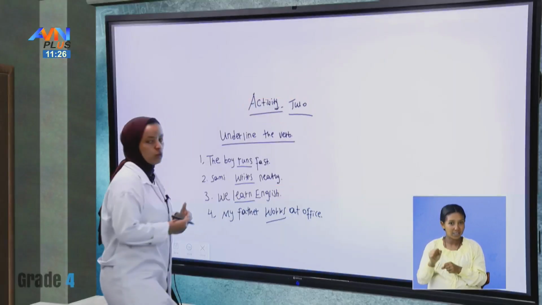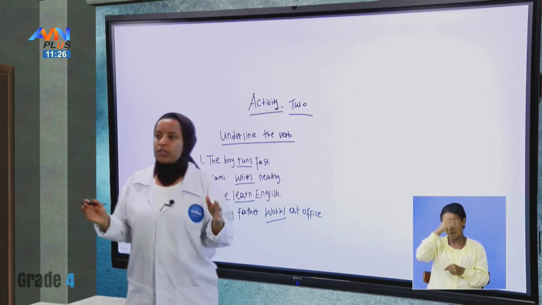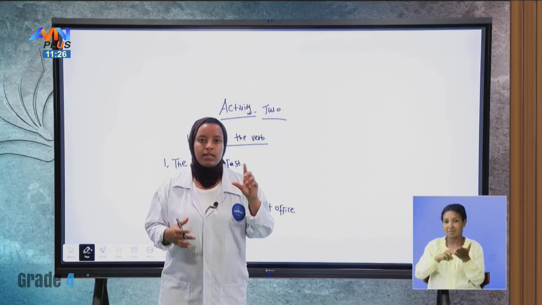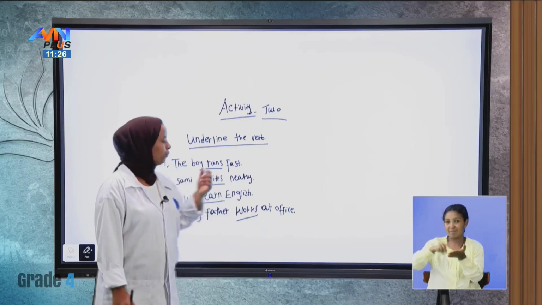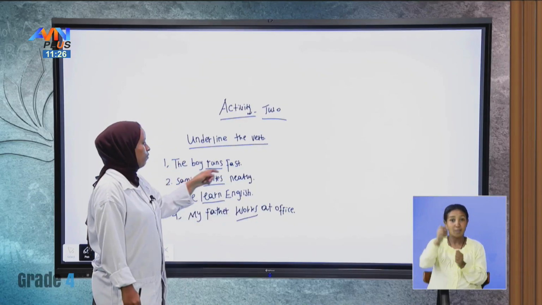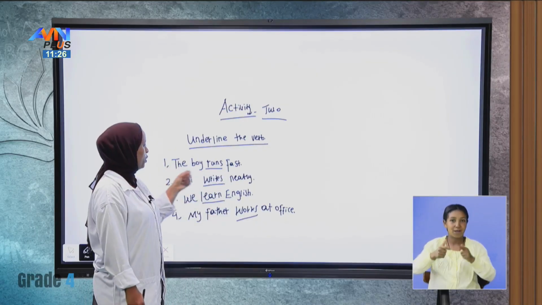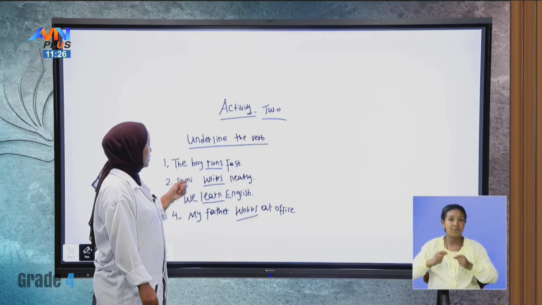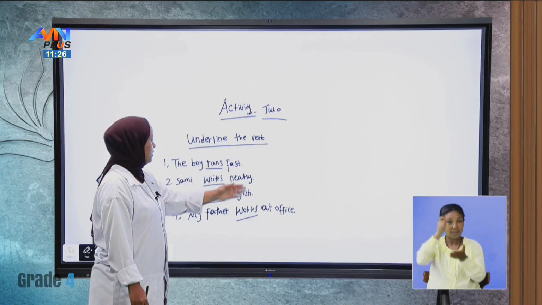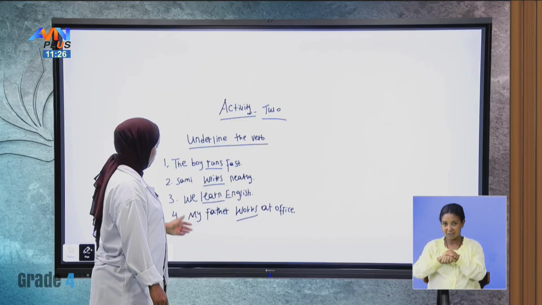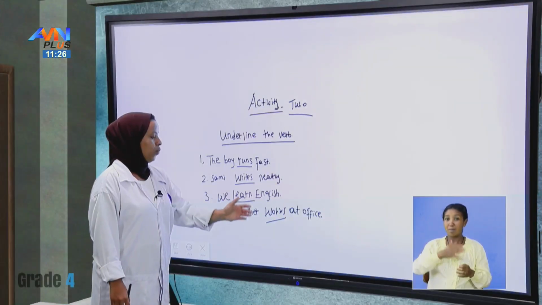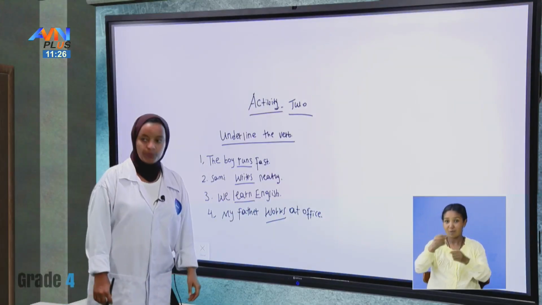My father is also a subject. Let me read the sentences one more time, and students, please repeat it with me. The boy runs fast. Sammy writes neatly. We learn English. 4, my father works at office.